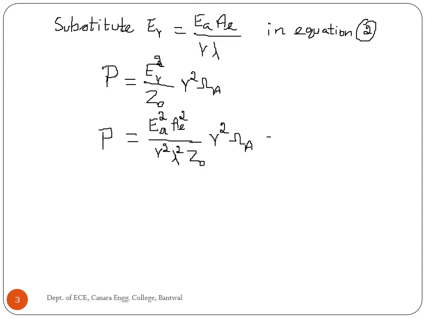When I simplify this, the remaining terms are EA square AE square divided by lambda square Z naught into beam area. This is equation 3.